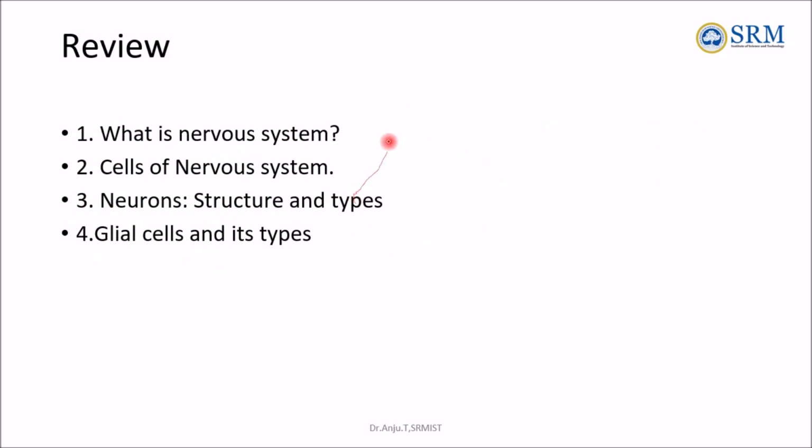Yes, so by this time you know what the nervous system is: a network of nerve cells carrying information, that is, transmitting information within the system. And we talked about the cell types. The basic building block of the nervous system is the neurons, and there are some supporting cells for these neurons, that is, the glial cells.